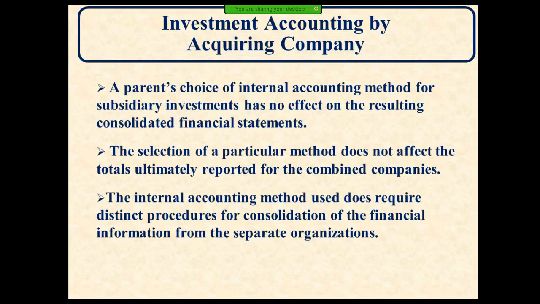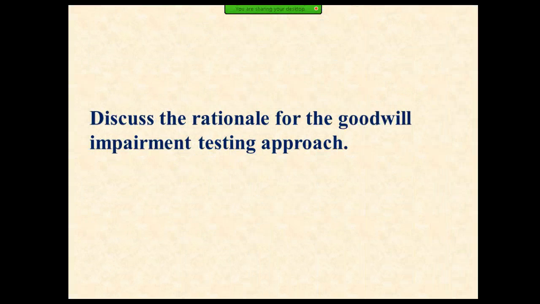We know it doesn't ultimately affect the ending figures, but as you see here on the bottom, the internal method accounting used does require procedures for consolidation of the financial information from the separate organizations. So no matter what method we use, those entries we use on the worksheet to consolidate are going to be different based on the various methods.